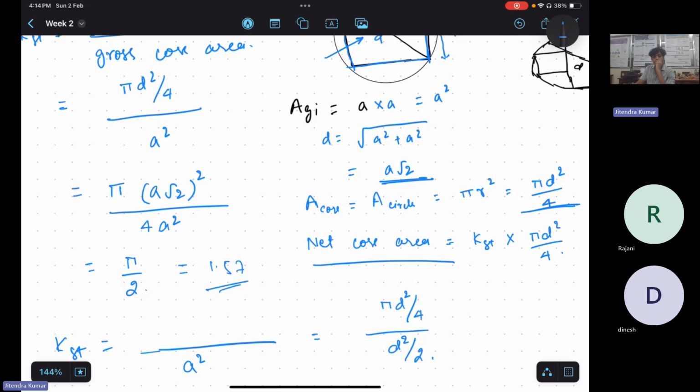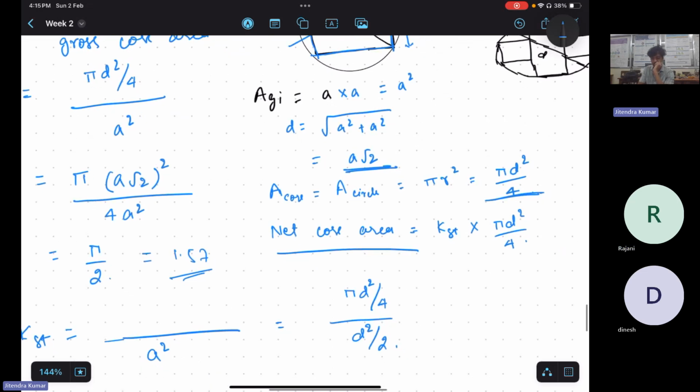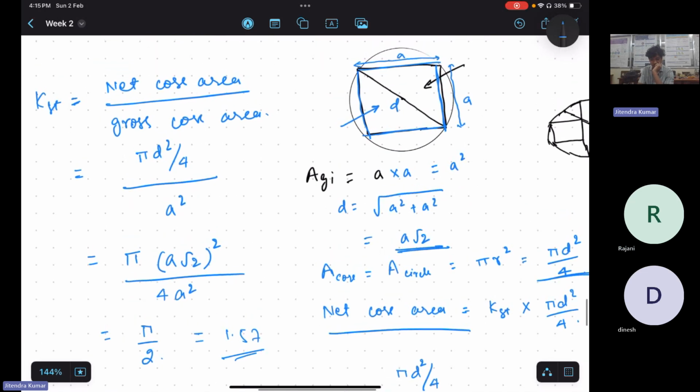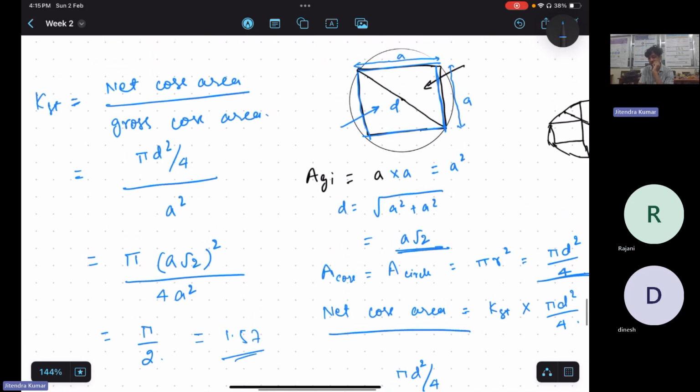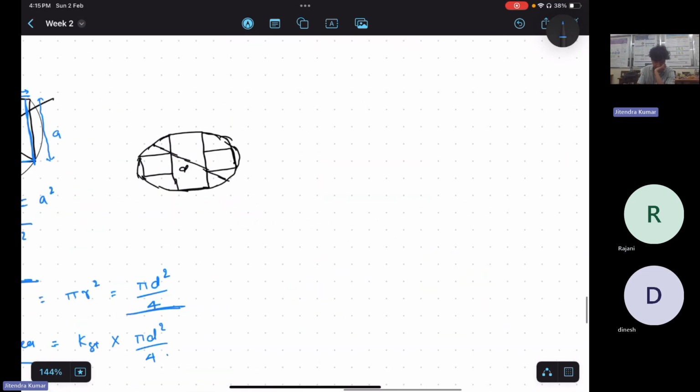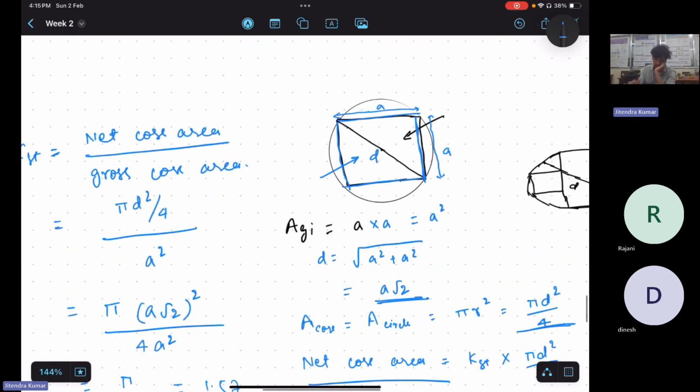Net cross section divided by gross cross section should be less than one, of course. I think it is interchanged in the lecture slide.